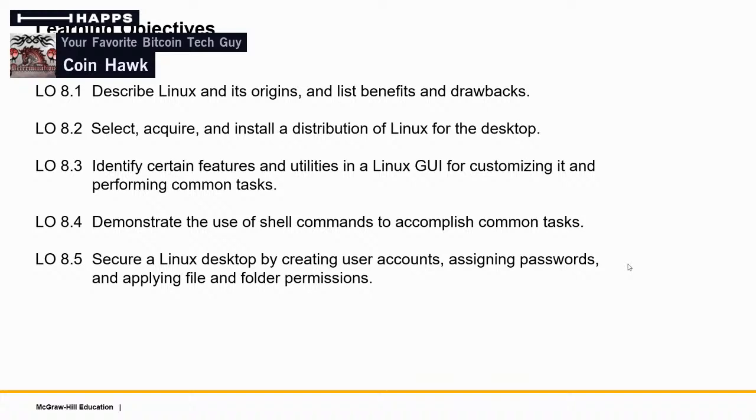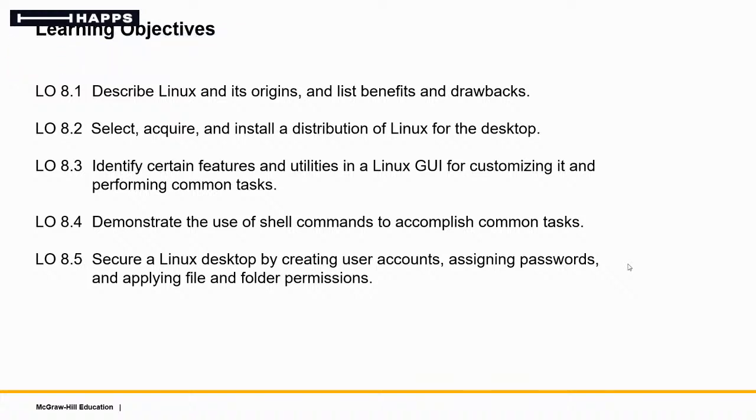Identify certain features and utilities in the Linux GUI, things that you can customize, and how you perform basic tasks. Also demonstrate the use of shell commands and command line environments, and take a look at how we can add users and secure those users, assigning passwords and checking out file permissions.